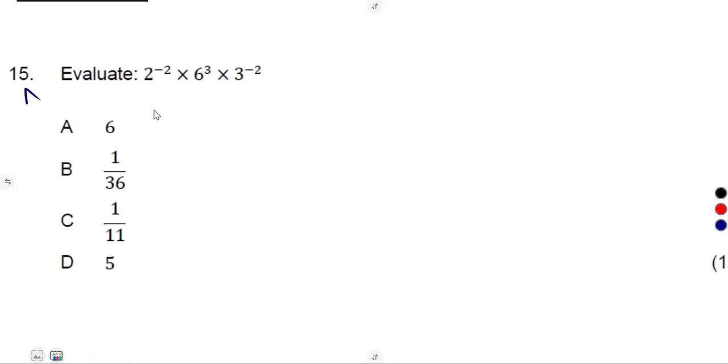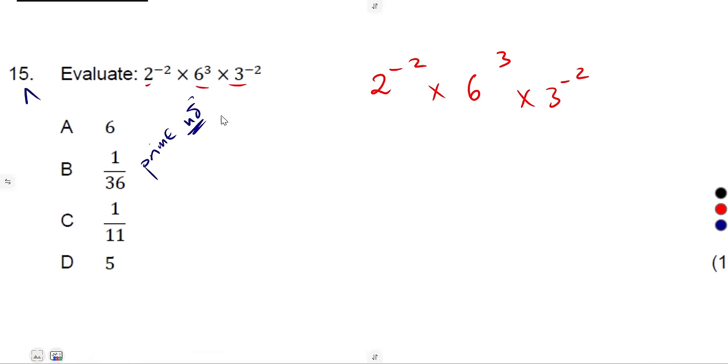Evaluate this. Okay, there are so many ways. You can just simplify each, then you multiply them. Or you can write this in simplest form: 2 to the exponent of minus 2, 6 to the exponent of 3, 3 to the exponent of minus 2. In the simplest form means as prime numbers.